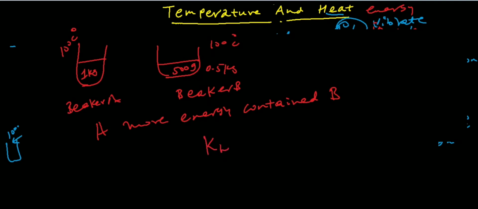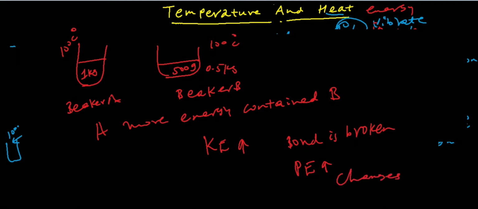That means their kinetic energy increases. The bonds between the particles in the substance are broken, and the potential energy of the particles also increases. When this happens, the substance changes its state.